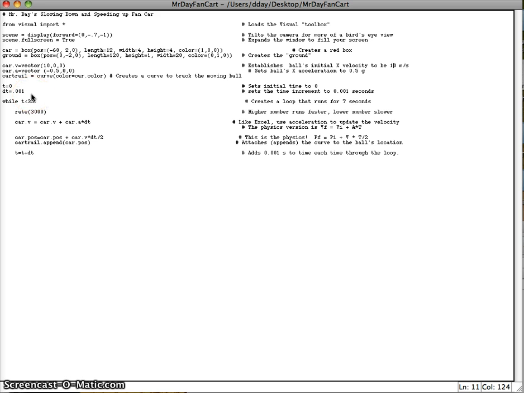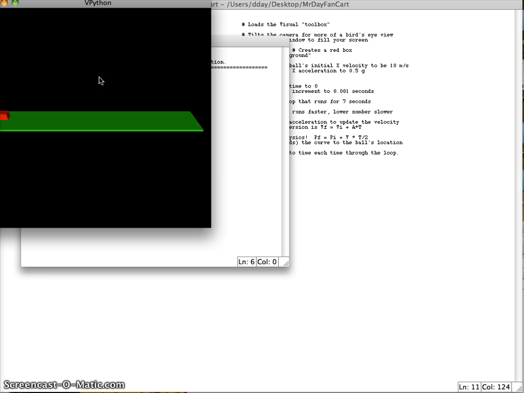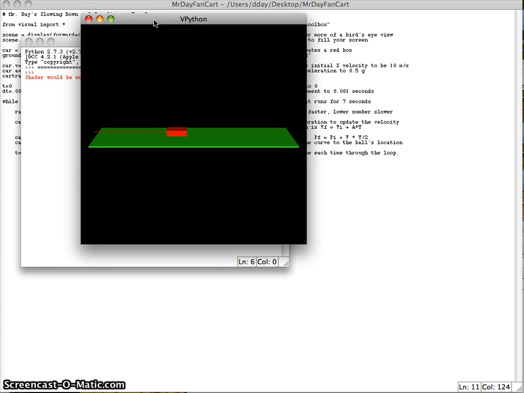So it's doing 1,000 calculations times 35, so 35,000 calculations to do this simulation for me. Hopefully it works out. All right, there we go. The car slows down, and then the car speeds up in the negative direction, and that looks pretty good.